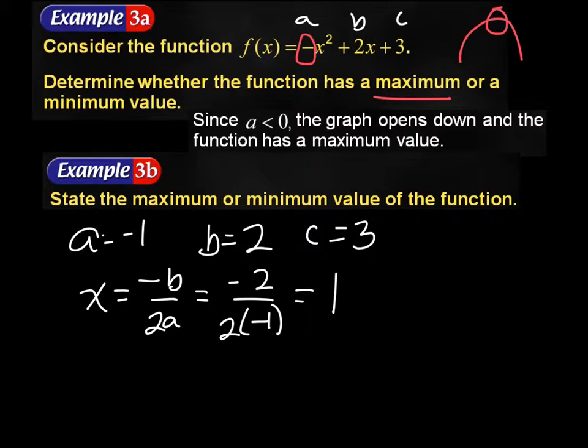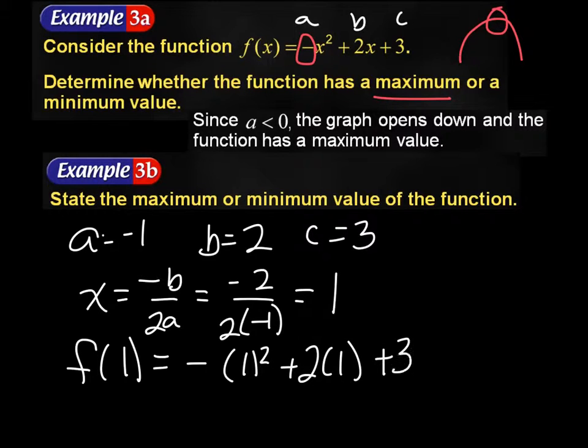To find the maximum value, we need to plug that back into our original function. So f of 1 is negative 1 squared plus 2 times 1 plus 3. So negative 1 plus 2 is 1, plus 3 is 4.